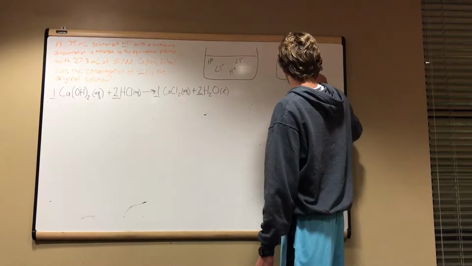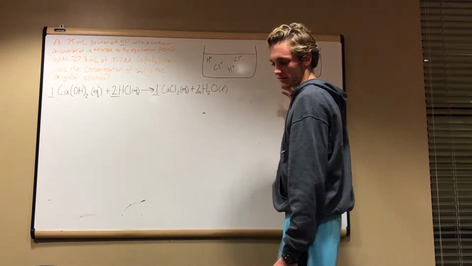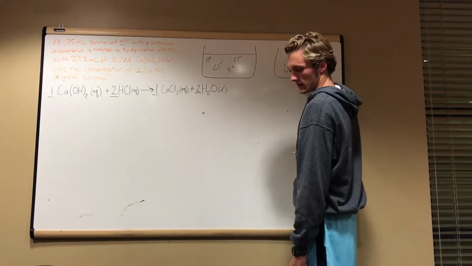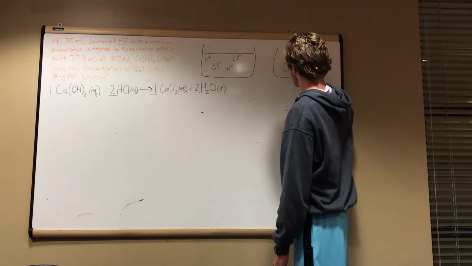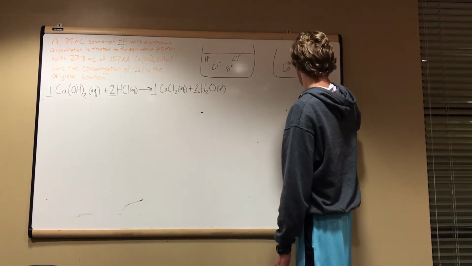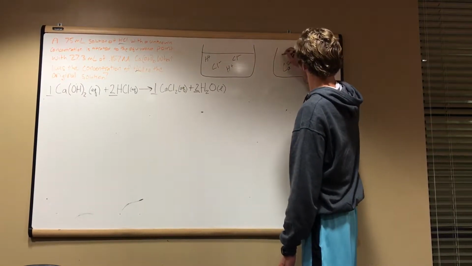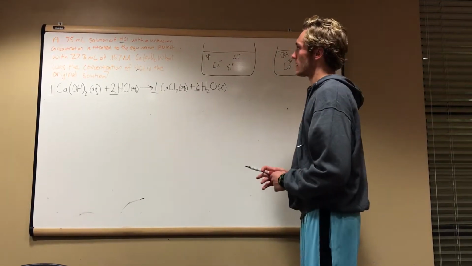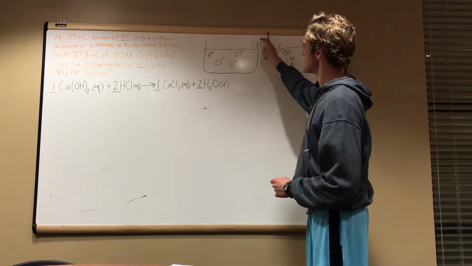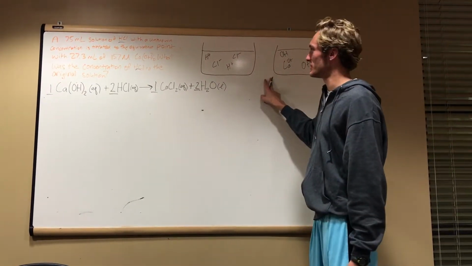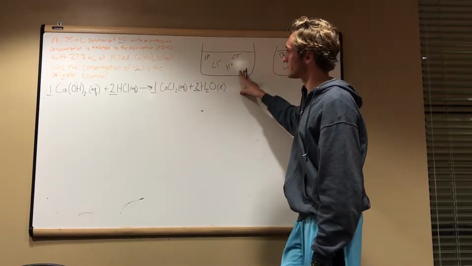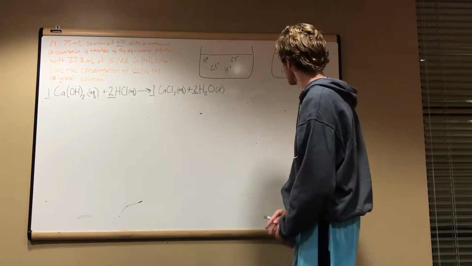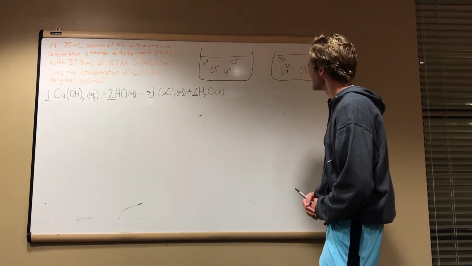And we have our other solution of Ca(OH)2, and we have Ca2 plus and 2 OH minus ions swimming around in here. So now what the problem says we do is we're adding this Ca(OH)2 into the HCl, or I guess the other way around, whatever floats your boat.